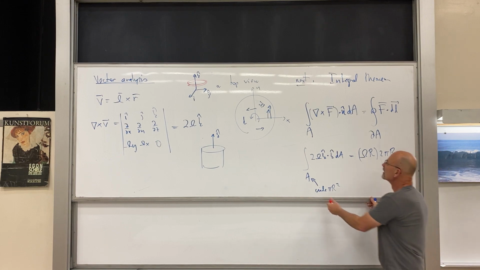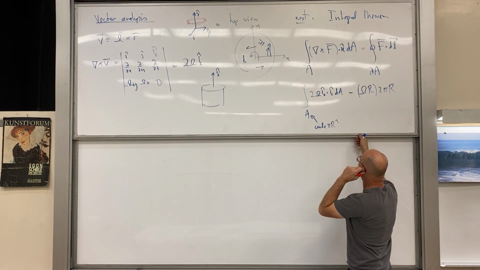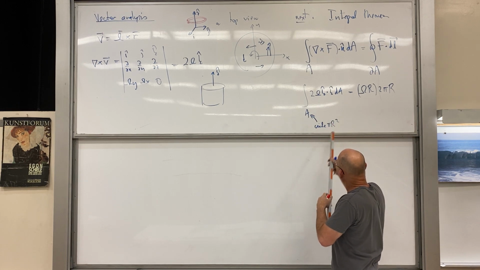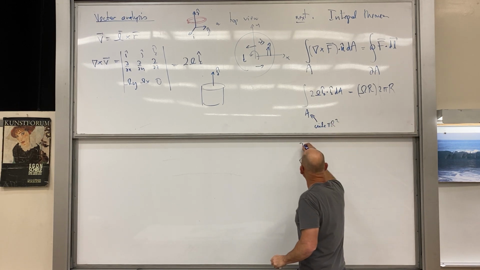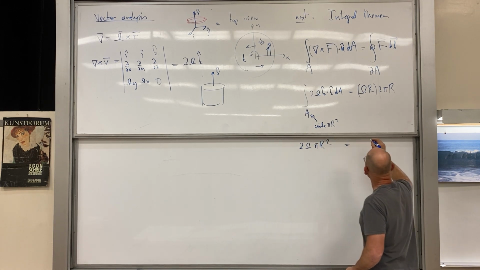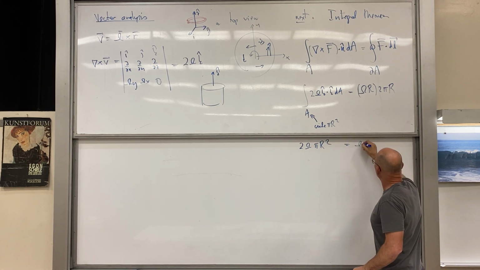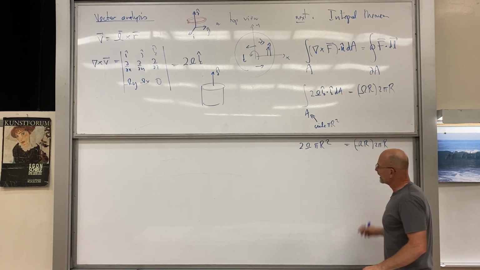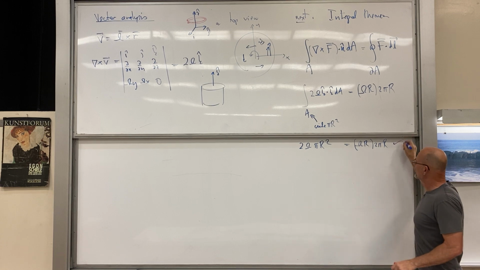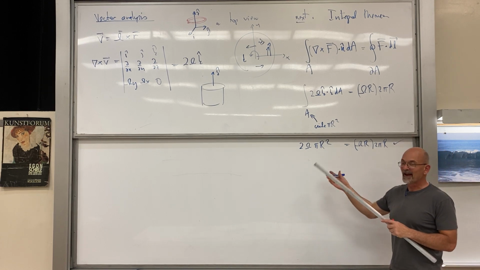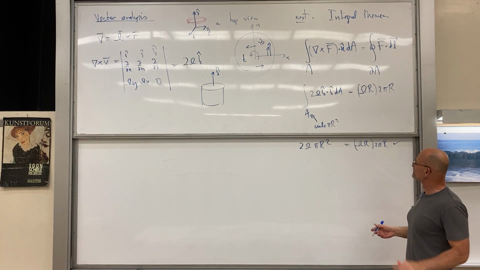So this here was 2 omega pi r squared. And over here we have omega r times pi r, and that's equal. Omega pi r squared. So yeah, it's a test or an example of Stokes' integral theorem.